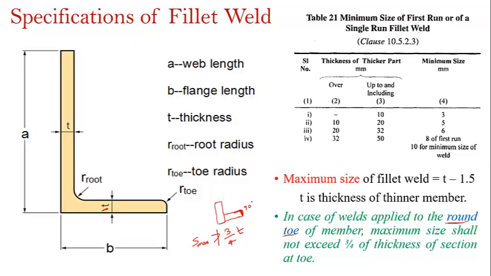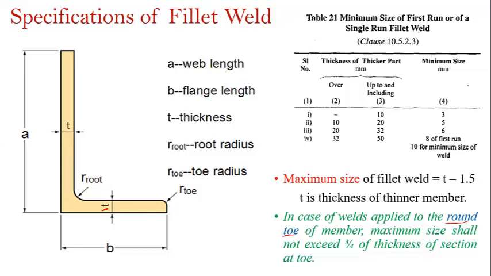For the rounded toe of an angle section, the maximum size of fillet weld should not be greater than 3/4 of the thickness of the section at toe. Okay, that's how you can find out the sizes of fillet welds for various criteria. But the most important criteria which you have to remember are the minimum size of 3 mm and the maximum size of T minus 1.5 mm.